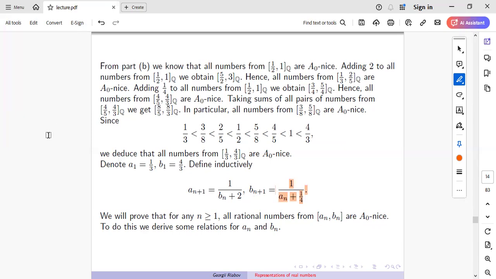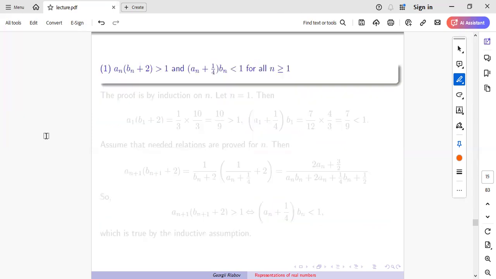Okay, for this, we need some relations between A_n and B_n. So first is A_n times (B_n plus 2) is bigger than 1, and (A_n plus 1 over 4) times B_n is less than 1. Which actually means that A_n is decreasing and B_n is increasing.